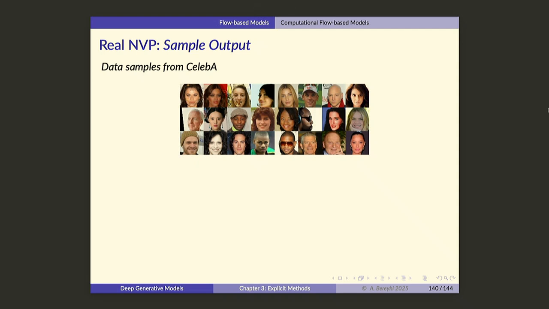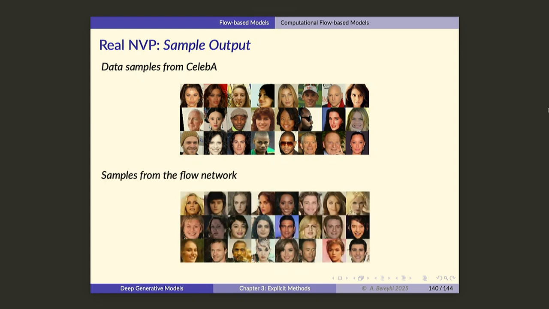Yeah, this is one example of this Real NVP. So this is the dataset. I think I mentioned it once in the lecture: CelebA, the 200K celebrity images. And these are the real images, the data samples. And at that particular time, I think it was in 2017 or 18 when it was proposed, this was the output. For you, with the generation of ChatGPT, this is quite funny, right?